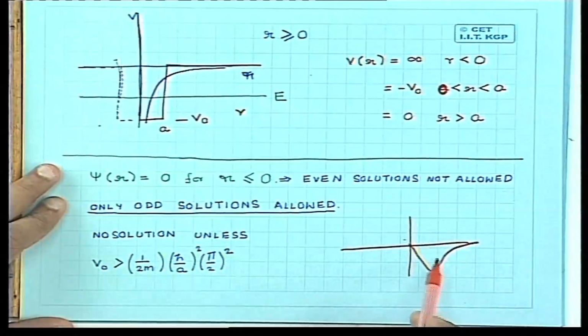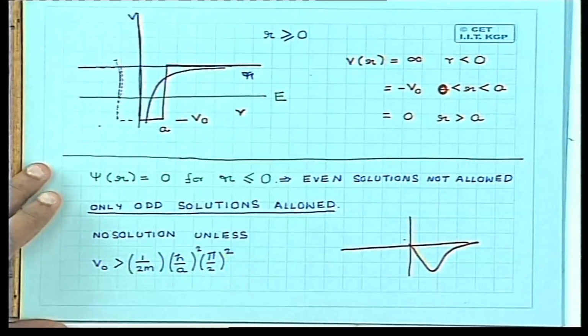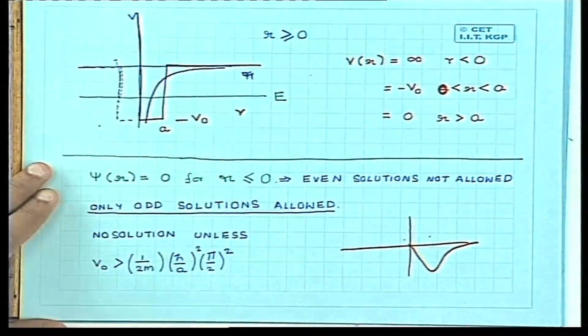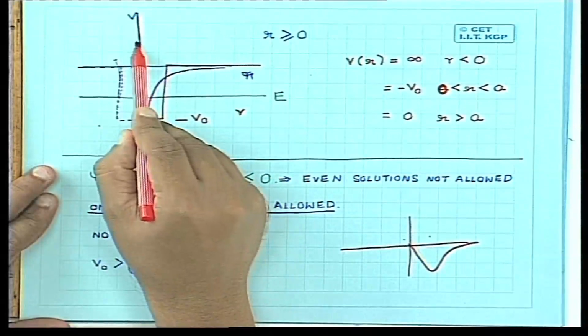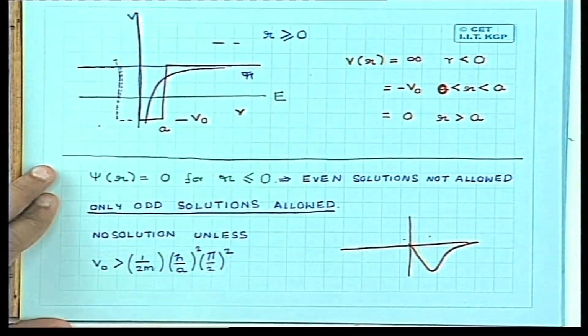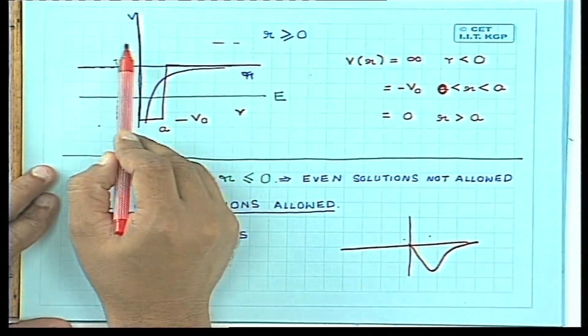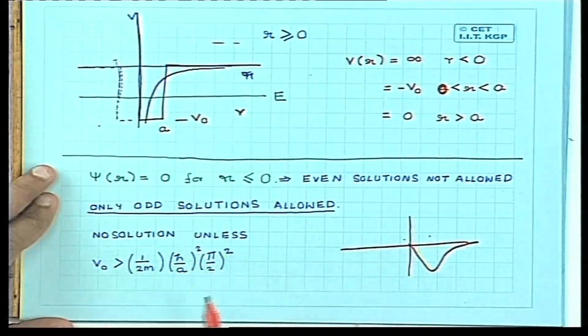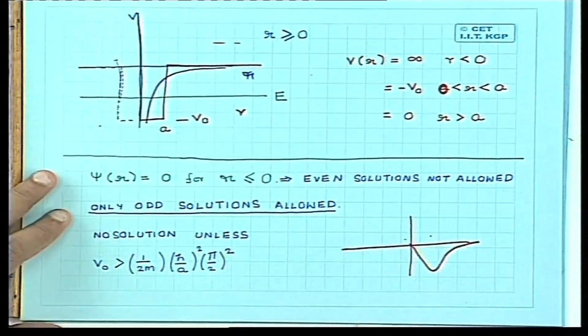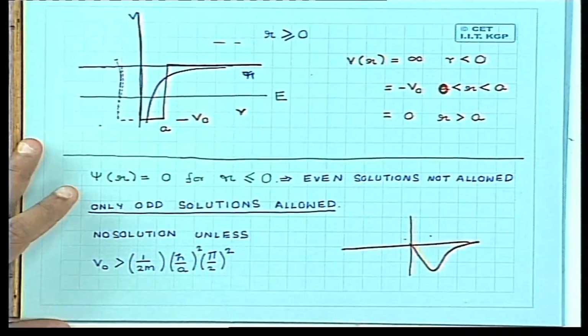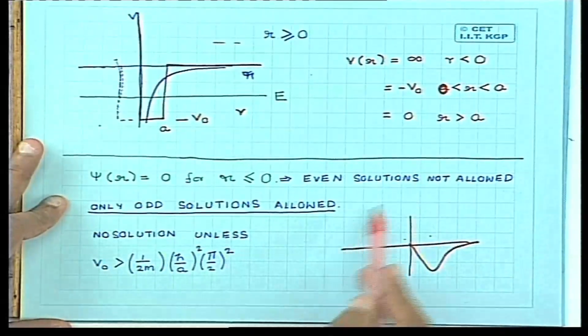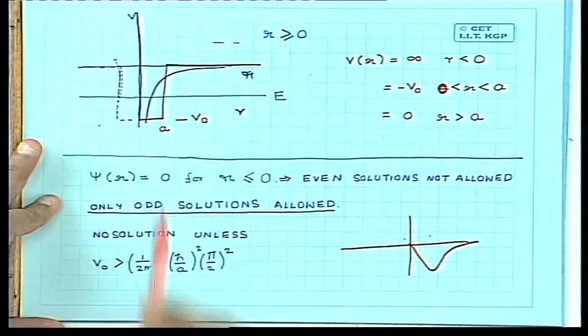This is a solution to this problem, because the problem which we have solved earlier is exactly the same as this problem everywhere on this side. For negative values of r, the wave function should be 0, and that's what we have here. So this is the ground state, the lowest energy state solution of this problem.